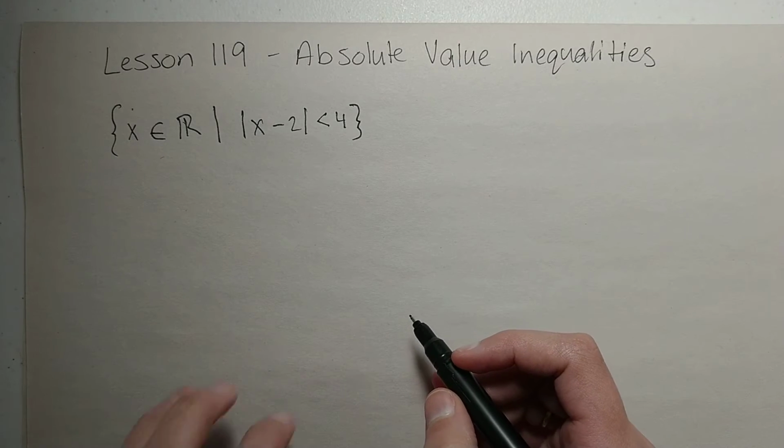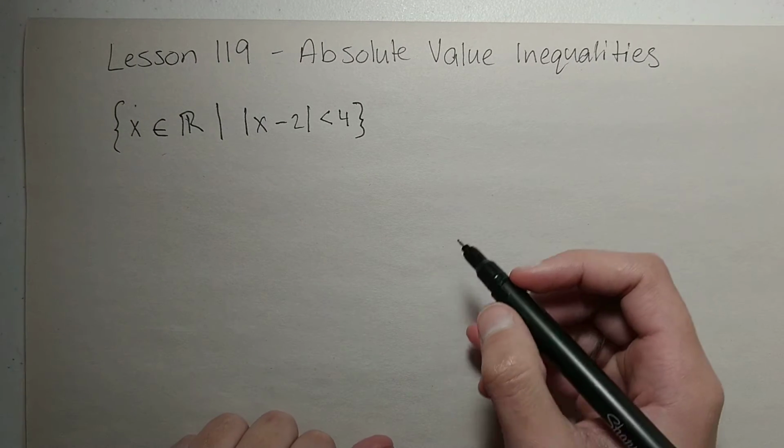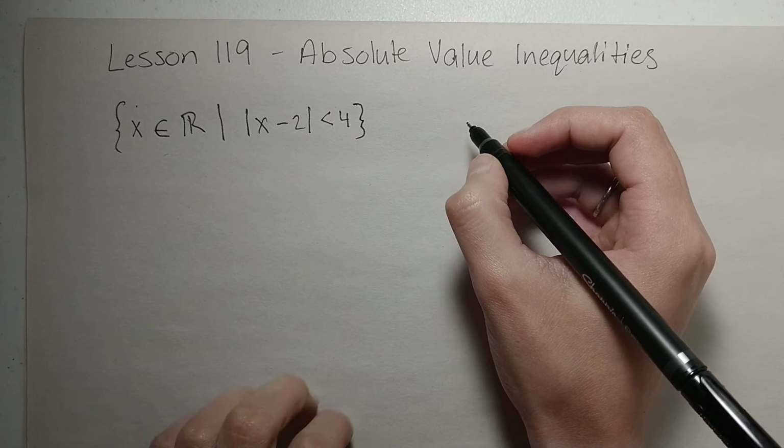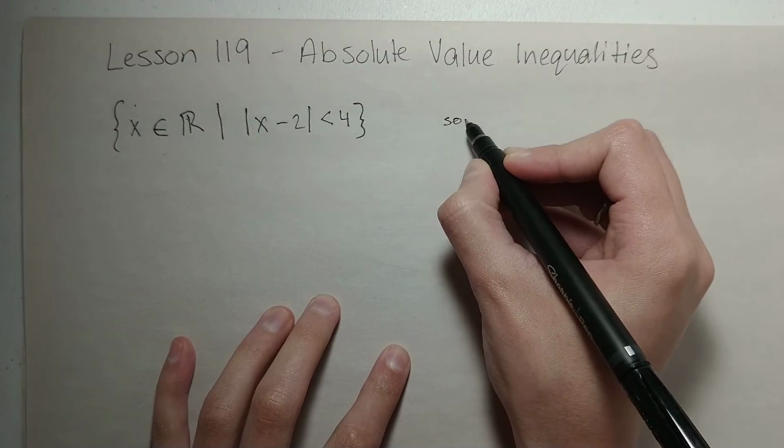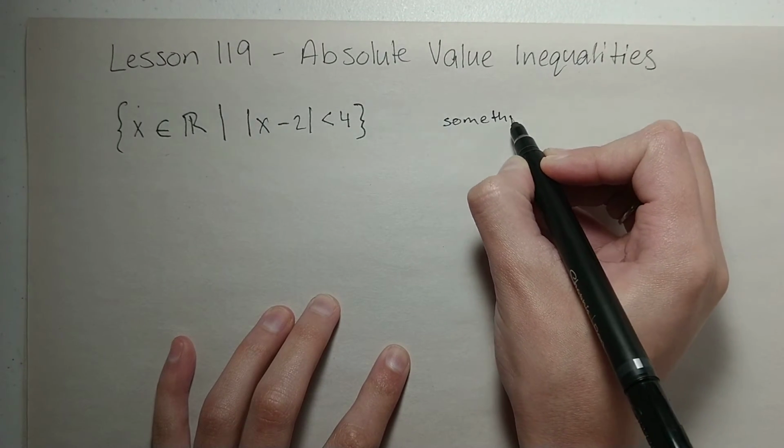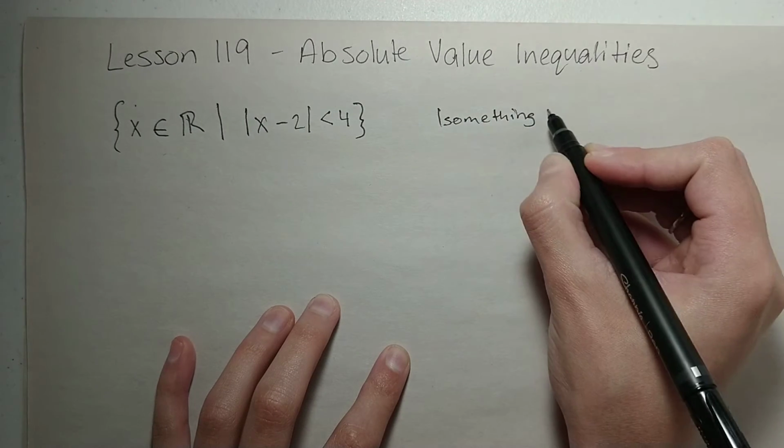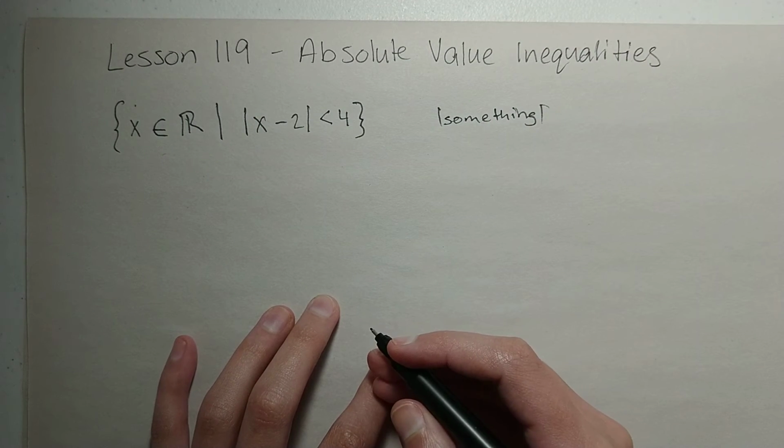All right, so the way absolute value works in terms of inequalities is we're going to say a something is the absolute value of a something.